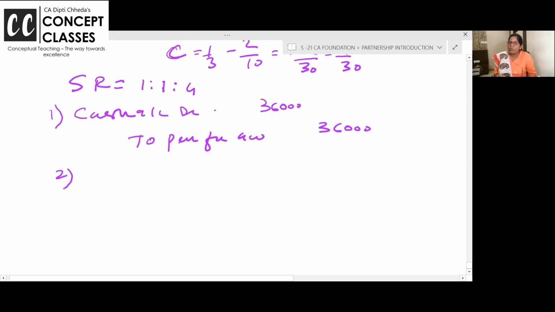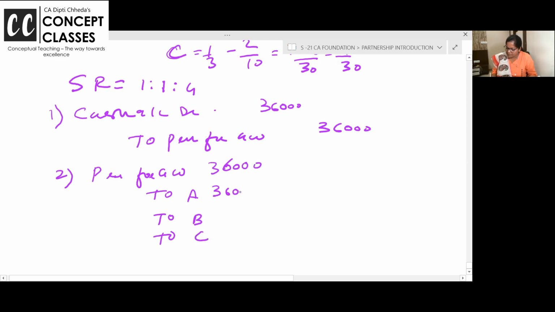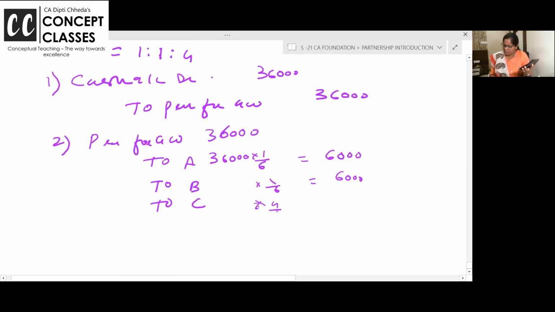Premium for goodwill debit to A, B, and C. 36,000 into 1/6 is 6,000. This is also 1/6, 6,000. This is 4/6, 24,000. Total 36,000.